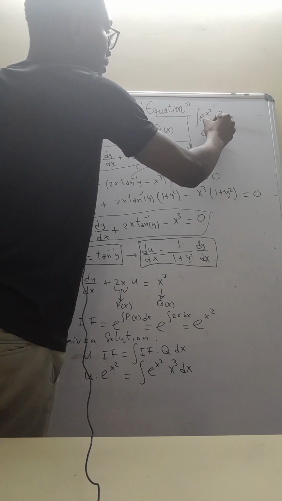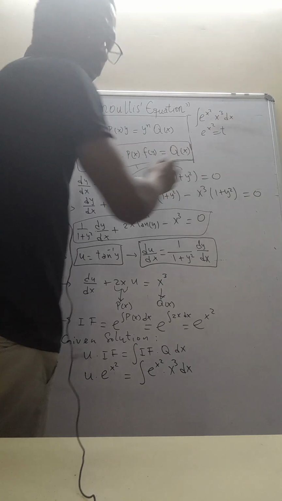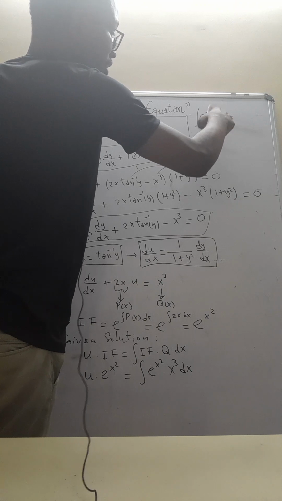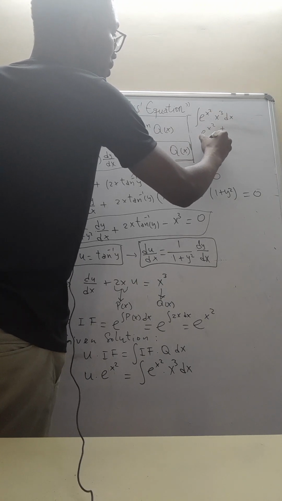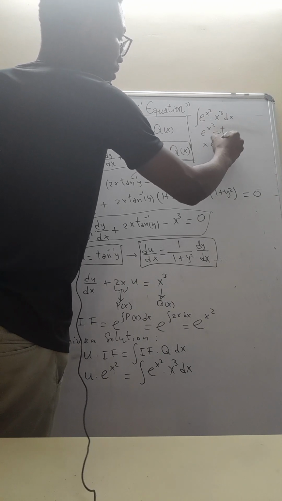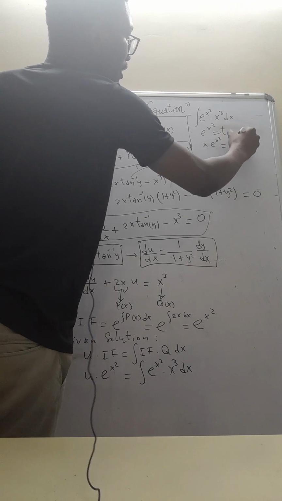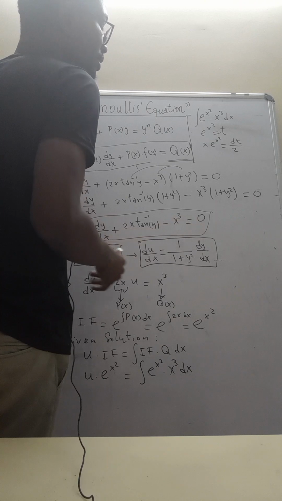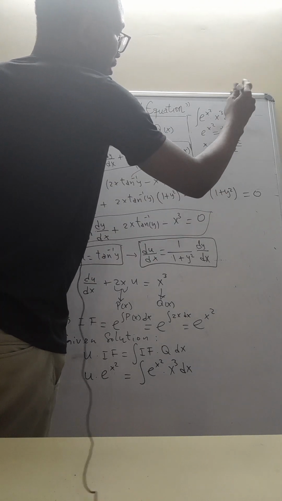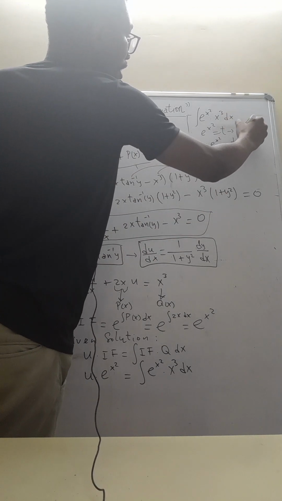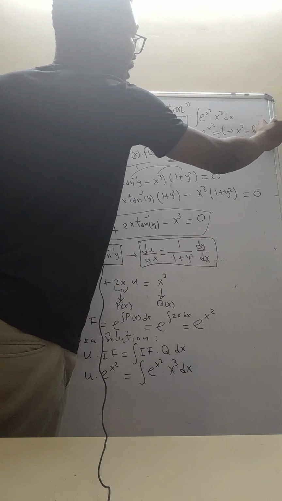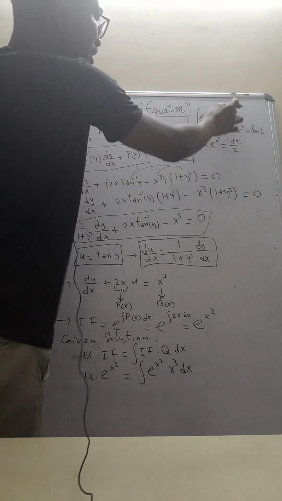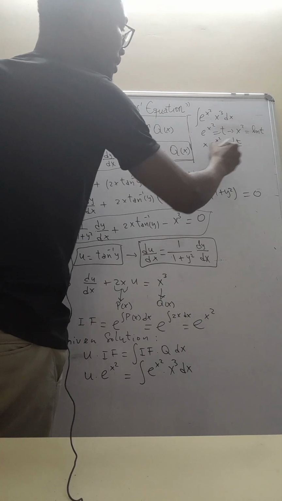Make x squared equal to t, then find the derivative of both sides. This will be 2x dx equals dt, so x dx is dt by 2. Then you can just solve. Here x squared will be ln of t, and in this way the solution will be the same.